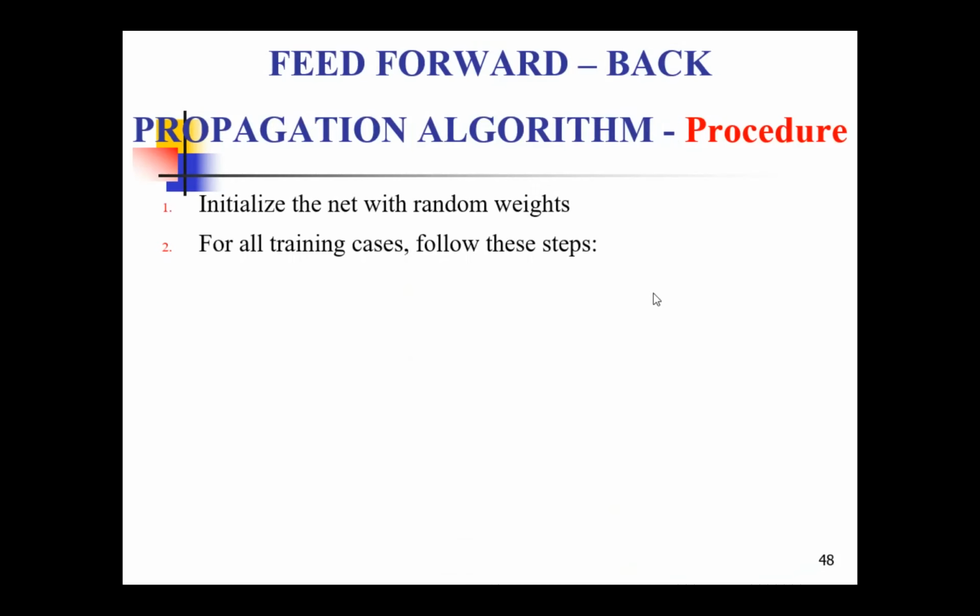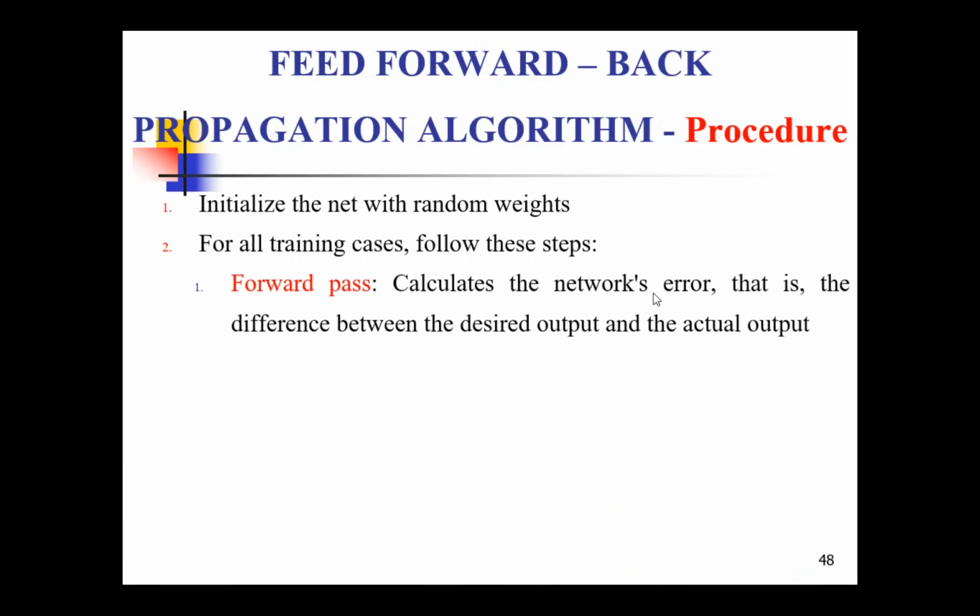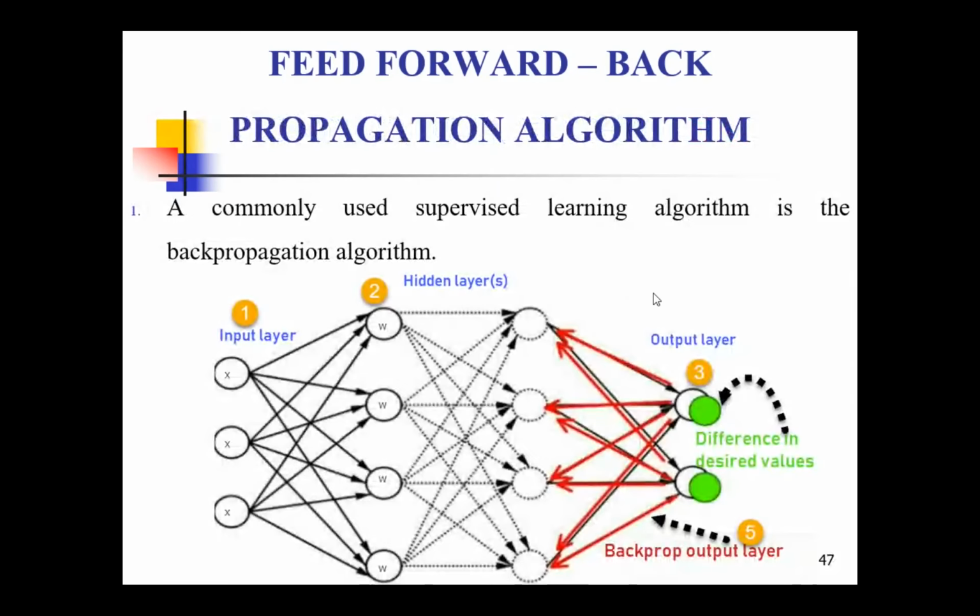Forward pass, that is forward propagation, calculates the network's error: how much error is produced between the desired output and the actual output. That is the green dot here, how much difference exists between the actual and the predicted outputs.